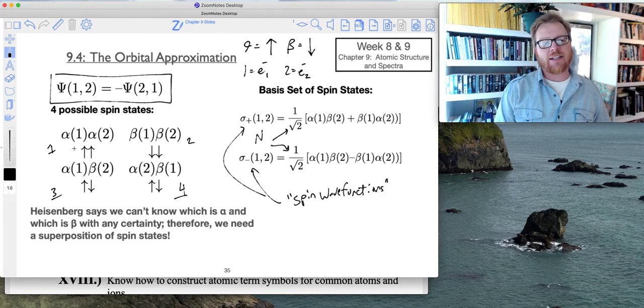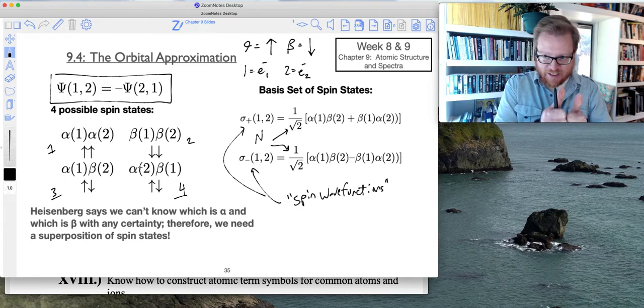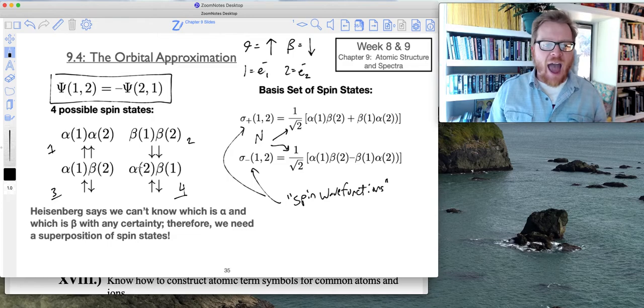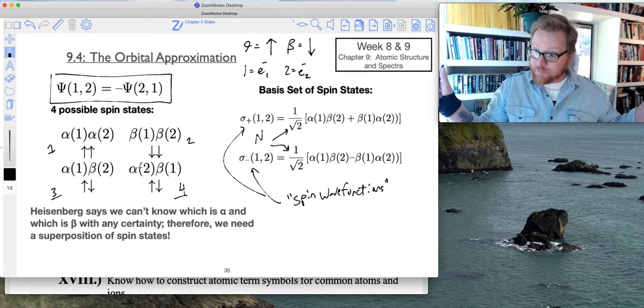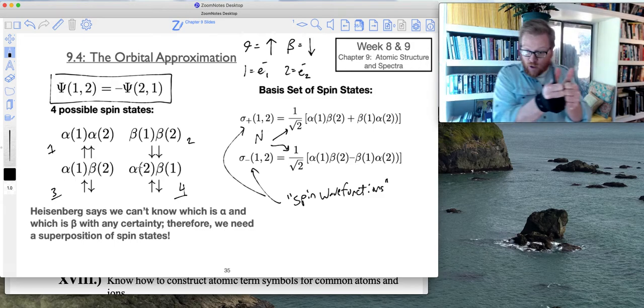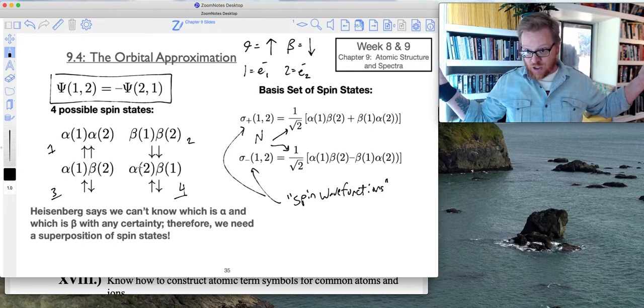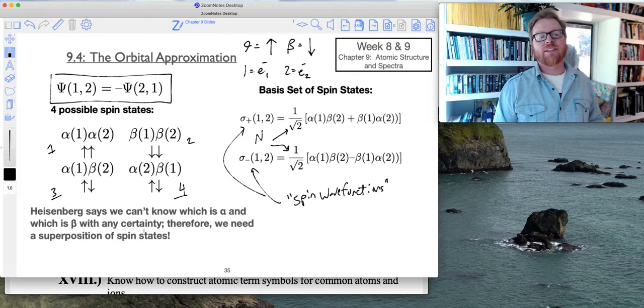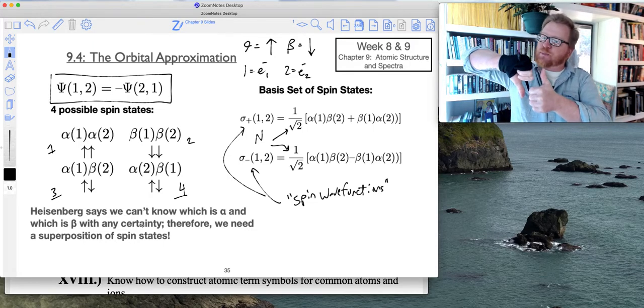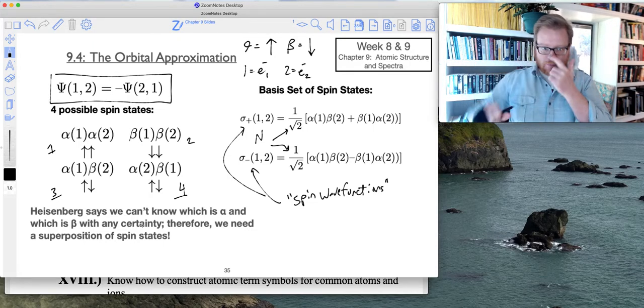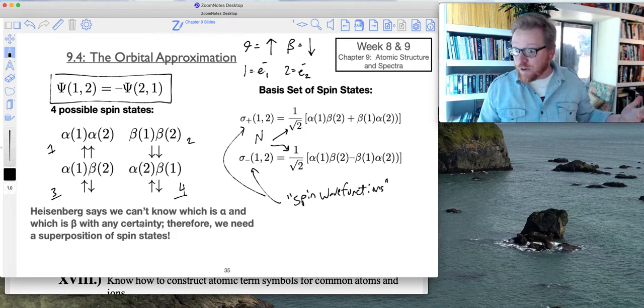And with these two states, it doesn't matter, because when they're both in the same orientation, they both have the same effect of repelling each other. If they're not spin correlated, they're going to repel each other, okay? So that's why we're considering a superposition with the spin paired states, because they're paired, okay?